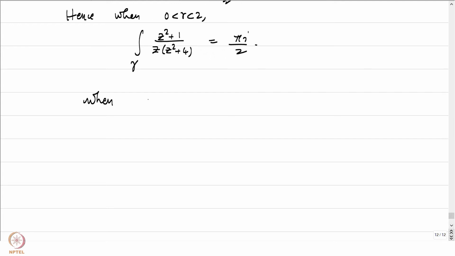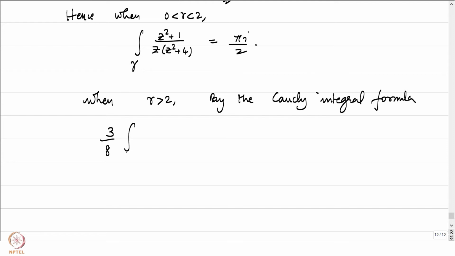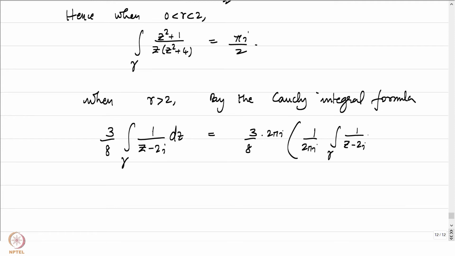When r is greater than 2, by the Cauchy integral formula, 3 by 8 times the integral over gamma of 1 by z minus 2i dz is going to be equal to 3 by 8 into 2 pi I times 1 by 2 pi I integral over gamma 1 by z minus 2i dz.